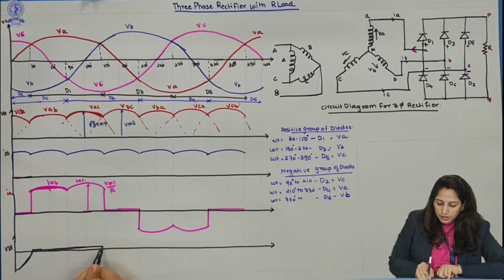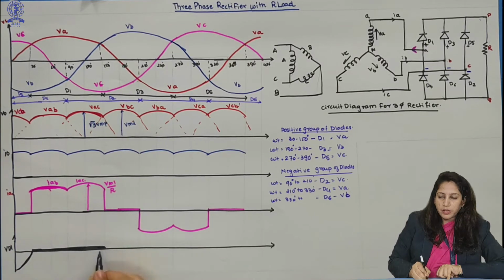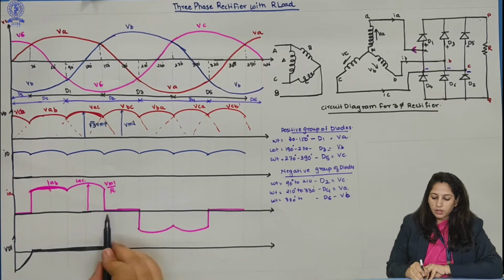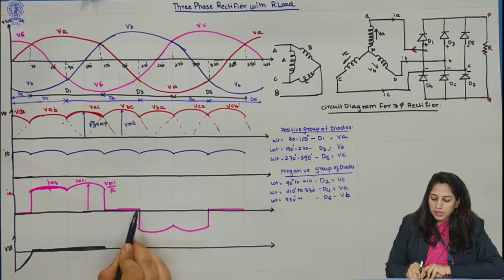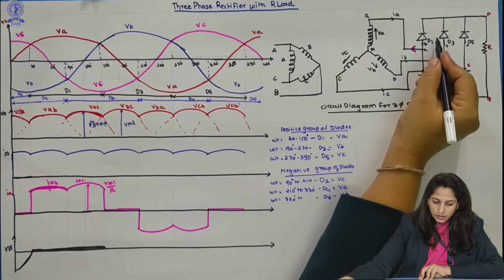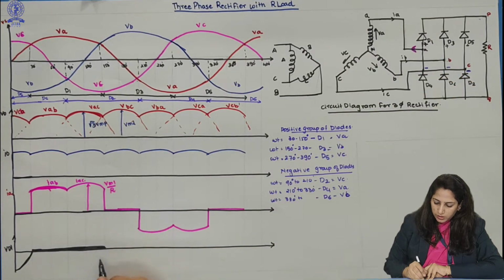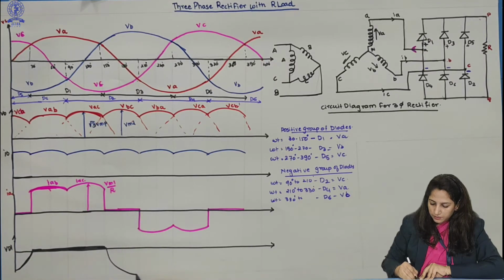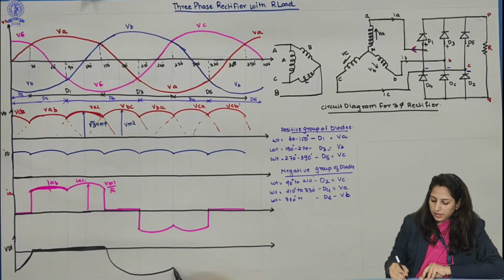So at the time where IA current is there, my diode will be in a conducting state and the voltage across it will be 0. Now here the current is 0, that means the diode is not conducting, and so it will go in a negative cycle. Again here the current is negative, so here also it will go in a negative cycle.